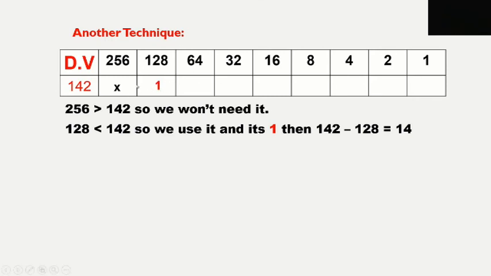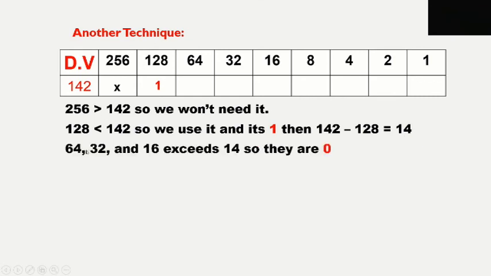Then we subtract 128 from 142 since we already used it. What remains is 14. 64, 32, and 16 exceed 14, so we cannot use them, so they are 0. Then 8 is less than 14, so it is also 1. Then we subtract 14 minus 8, and what remains is 6.